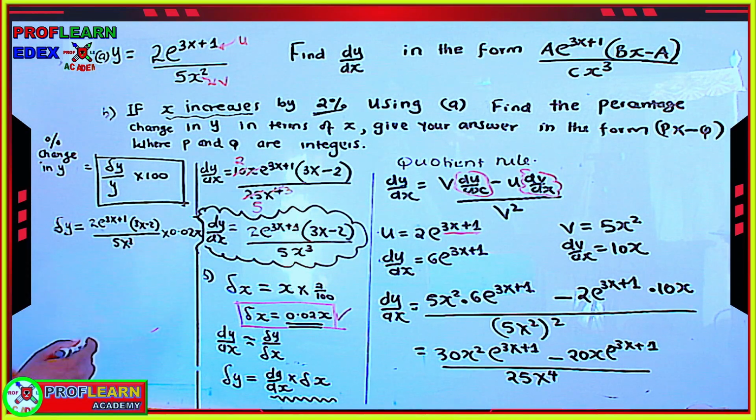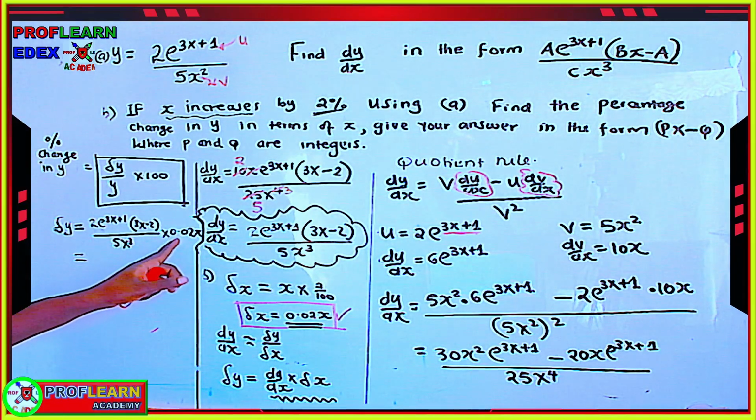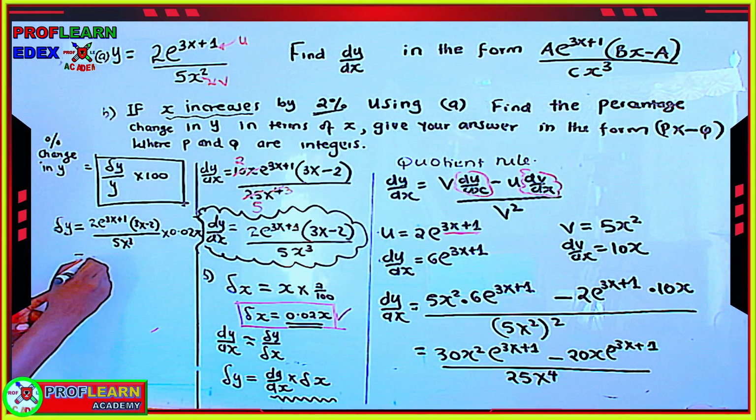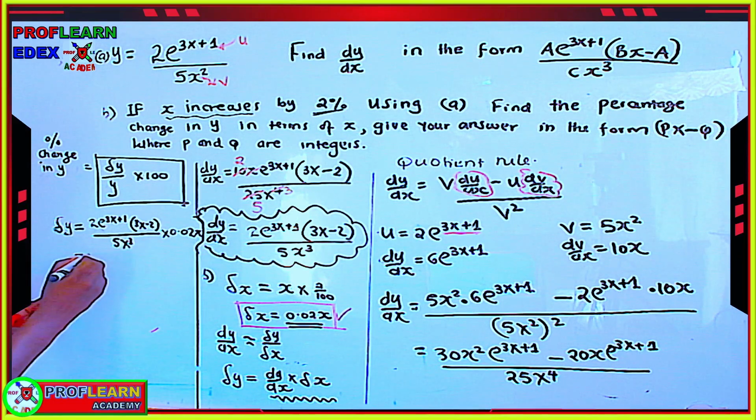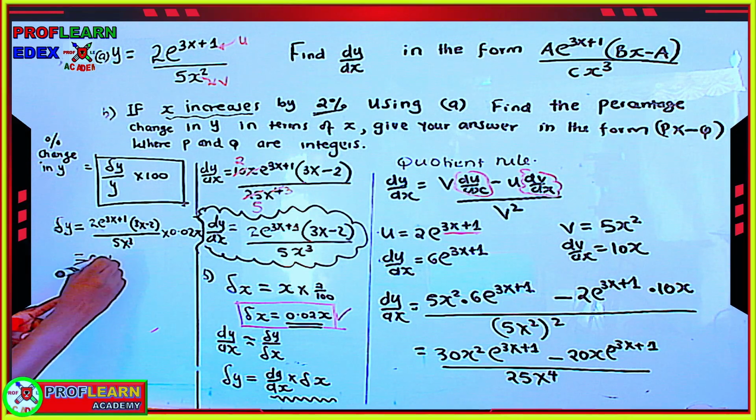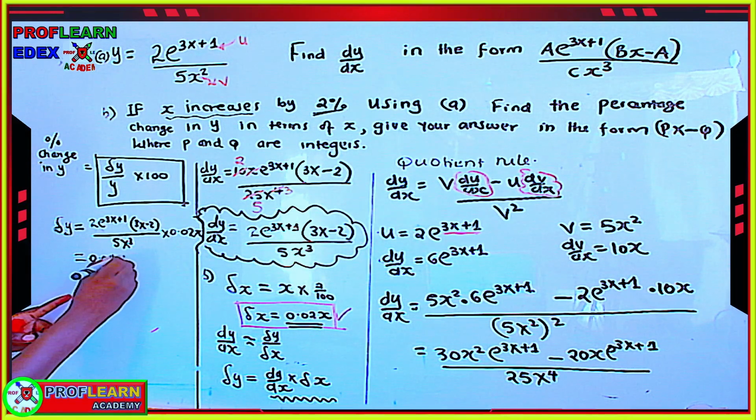If we try to simplify this, because we are having this here, 1x will cancel with this, so we are going to have 0.04x.